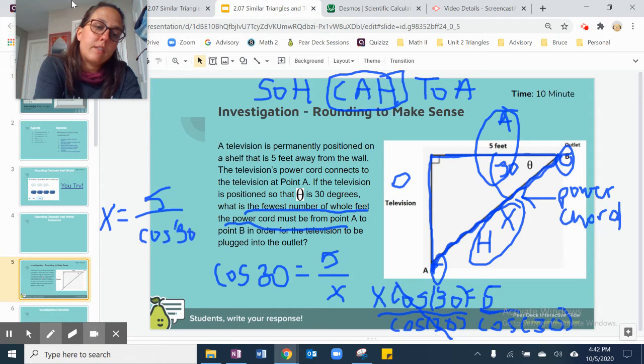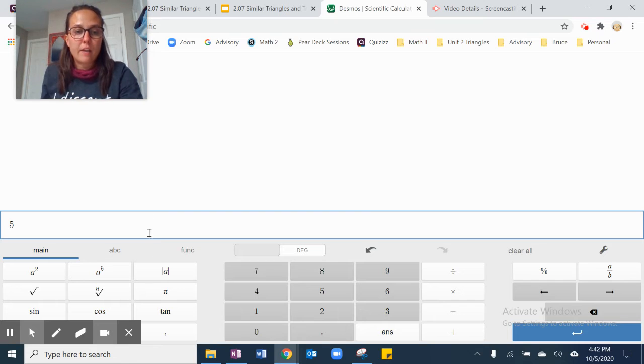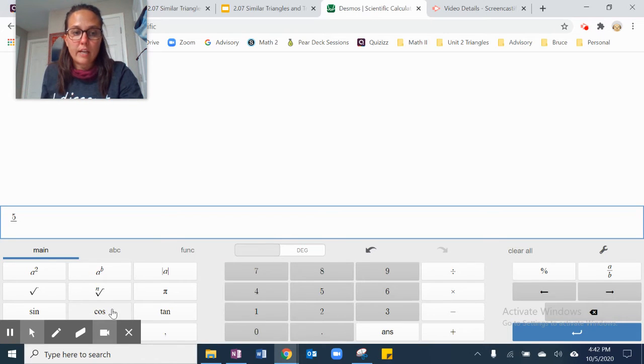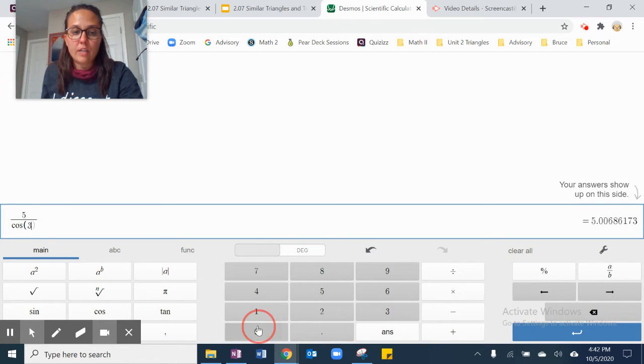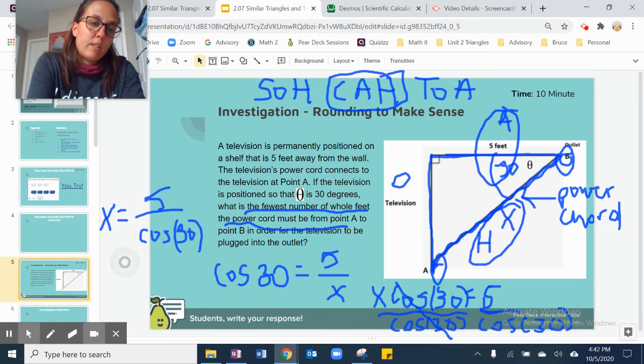So now I'm going to go to Desmos and plug this in. So 5 divided by cosine of 30 is 5.77. So x equals 5.77.